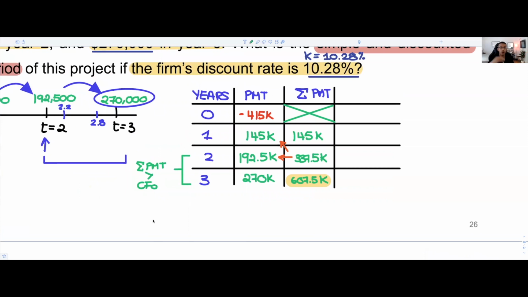So how do we figure out at what point are we? Is it 2.2 years in? Is it 2.5 years in? Is it 2.8 years in? Well, there's a really easy tactic to go about this. Once you figure out in which year gap you've surpassed your original investment, or that you are able to recoup your total amount of money, all that you got to do is do the following, okay?